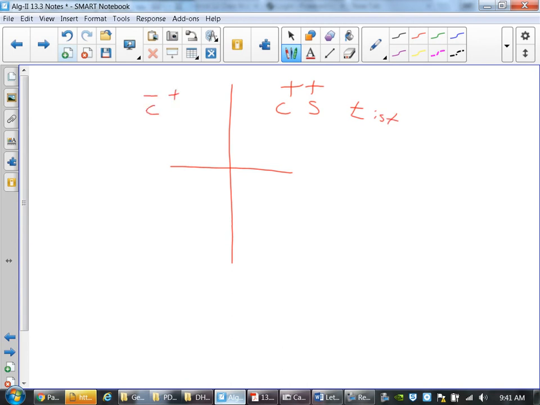Negative, positive for cosine, sine, which means tangent is negative. Negative, negative for cosine and sine, which means tangent is positive. And then positive, negative for cosine and sine, which means tangent is negative.